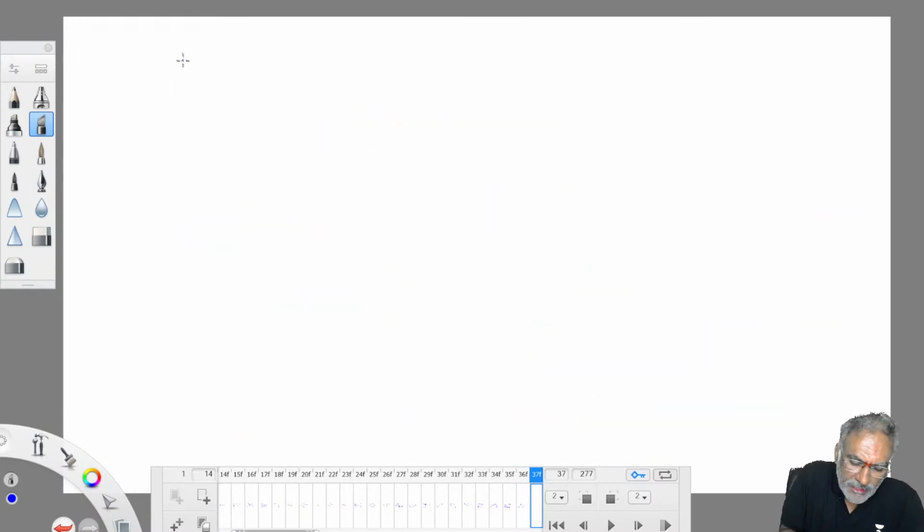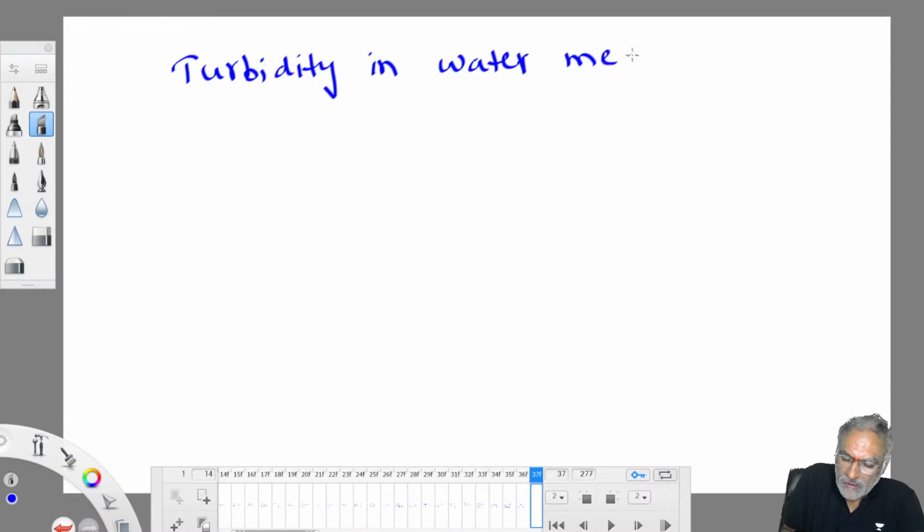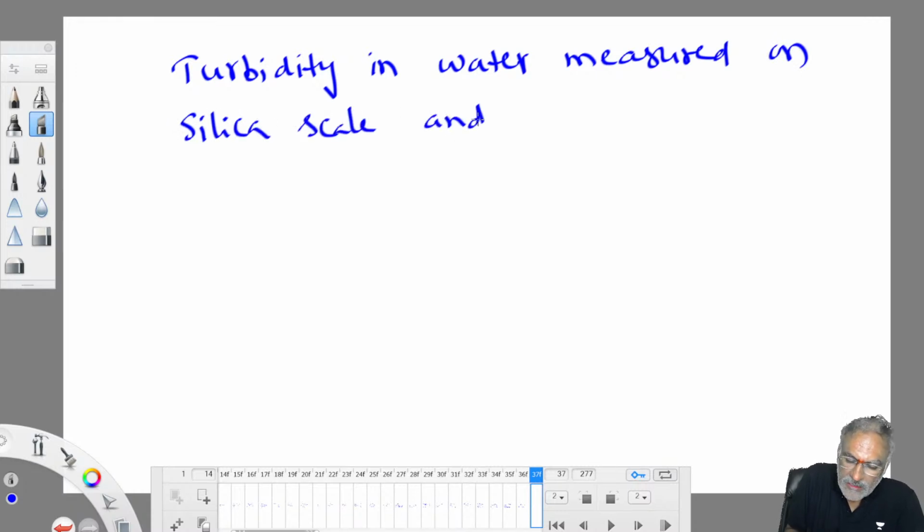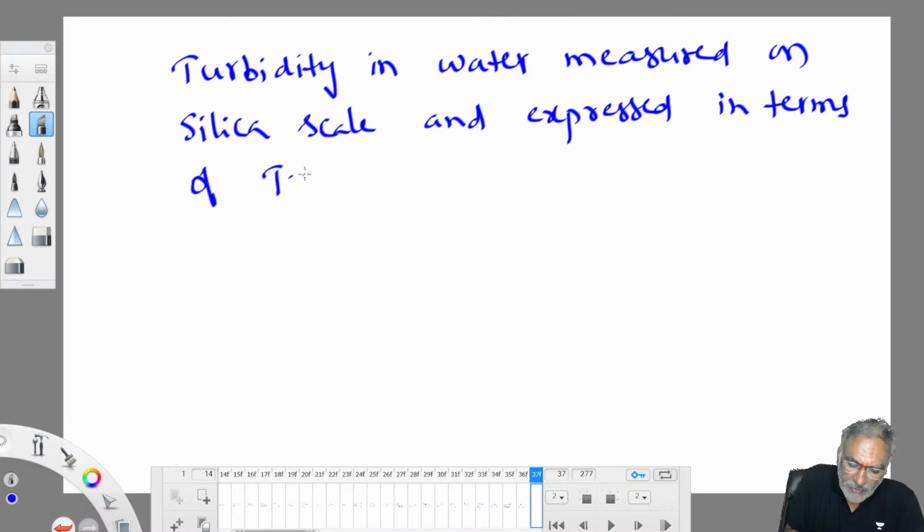Turbidity in water is measured on the silica scale and expressed in terms of turbidity units.